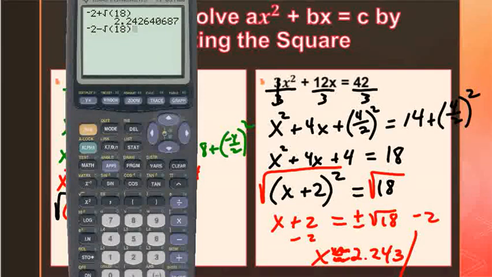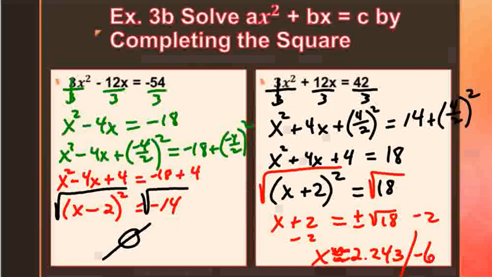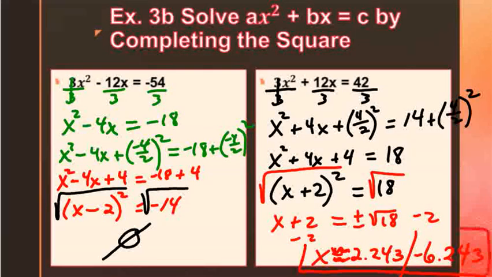And that's going to give us an answer of a negative 6.2426. So I round to 3 decimal places. The 6 tells me to round the 2 up to 3. So it's going to be a negative 6.243. And those would be our answers.